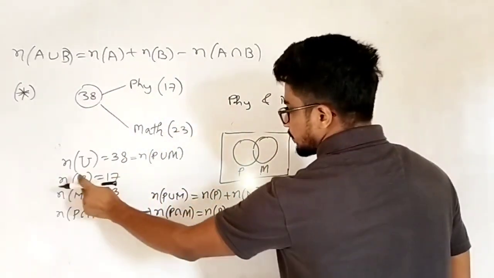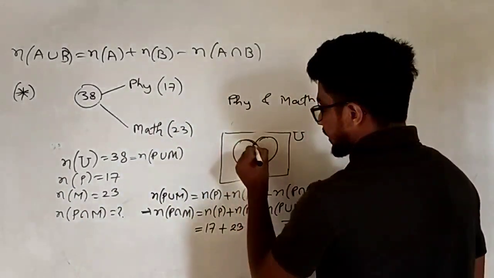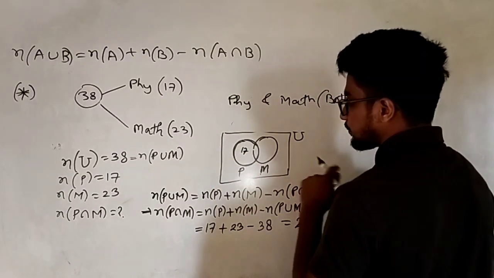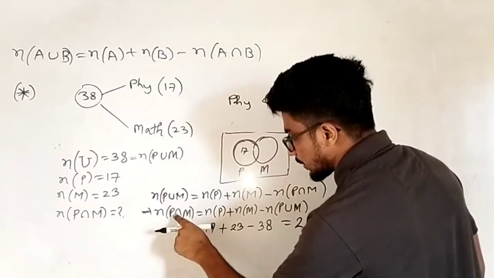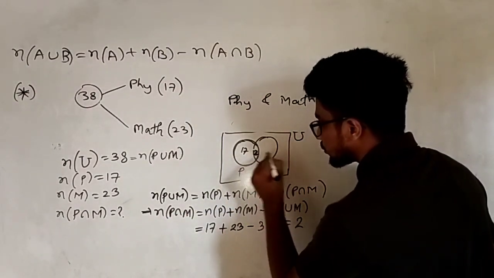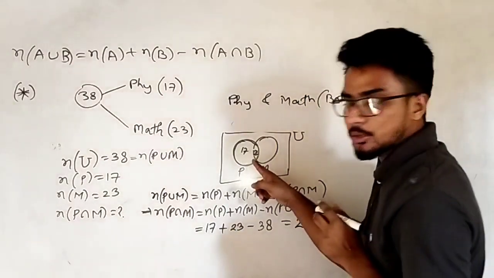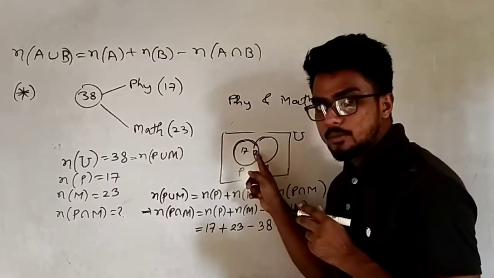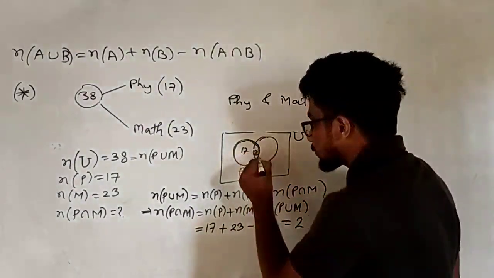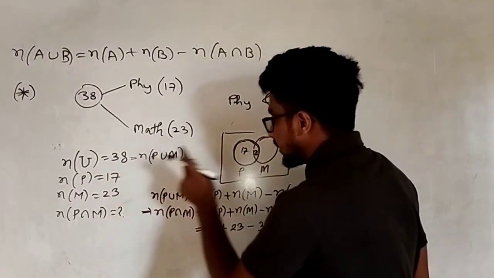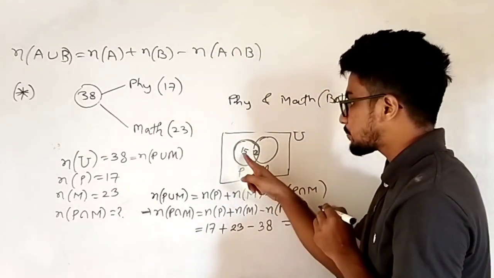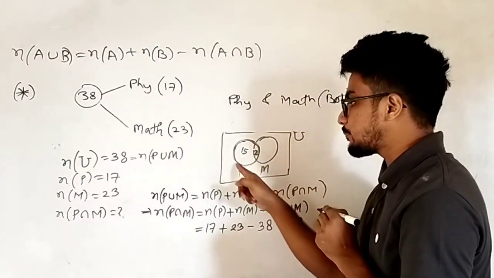Now according to the question, this set of physics has a total of 17, but n(P intersection M) equals 2. If 2 is in the intersection, then out of the total 17 students in P, ultimately 15 will be here, because 15 plus 2 equals 17 in the P set.